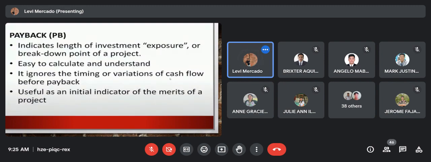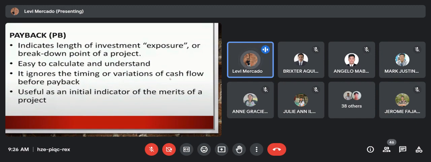Okay, next. Payback period. Ano yung payback period? Payback period refers to the amount of time it takes to recover the cost of an investment. Darating yung time, say, nag-invest tayo, na yung ininvest natin o yung capital na inilabas natin dahil kumikita na tayo, magpapantay yung capital o invested money natin dun sa kinita natin.